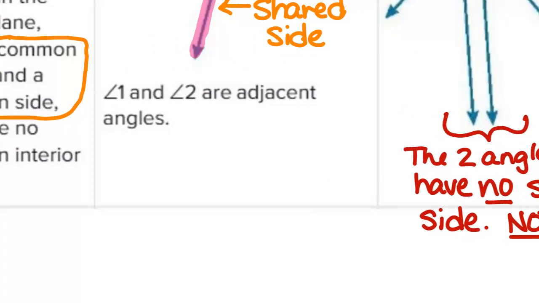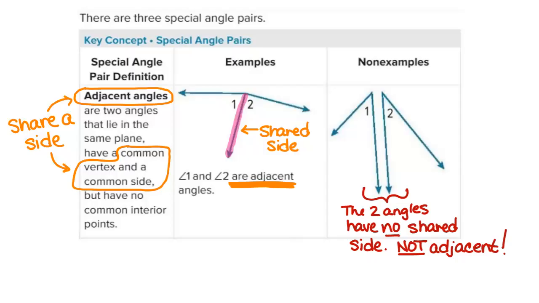When they share a side, they are adjacent. If they don't have that side in common, they cannot be adjacent angles. We're going to flip it over now to page 5 to look at 2 more special angle pair types.